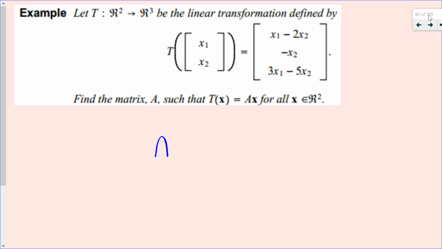So to find A, we know it's going to be a 3 by 2 matrix because it maps from R2 to R3.